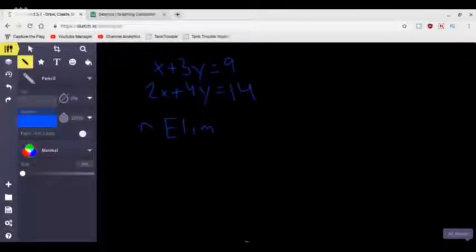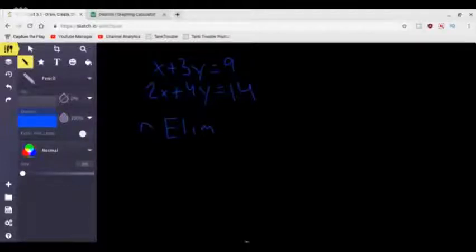So how this works is you multiply one of the two equations so that the coefficients before the x or the coefficients before the y are the same or opposites of each other, so the absolute value is the same. And then you subtract or add depending on whether it's positive or negative, and you solve for the other variable.